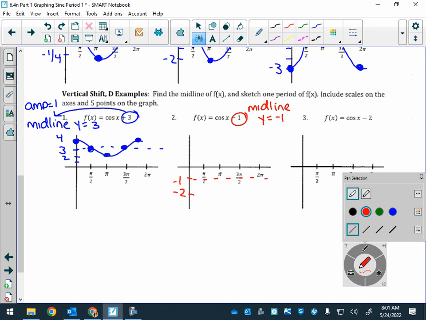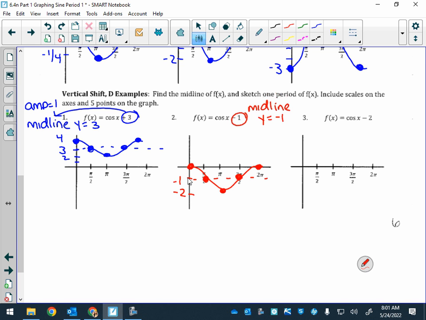For cosine of x minus 1, where are we starting? 0. Good. Pi over 2, where are we? -1. Pi. 3 pi over 2. And 2 pi. Excellent.